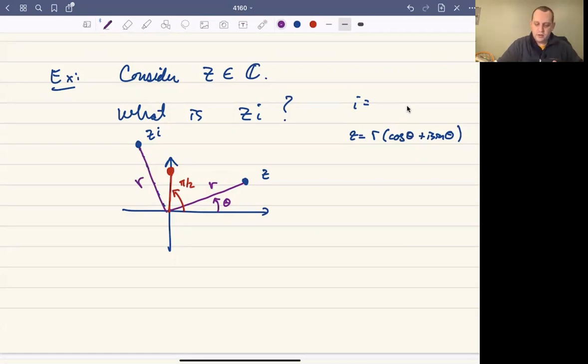So the argument there would be theta plus pi over 2. That's what happens when you multiply a complex number by i. It's really just the same as rotating that complex number in the complex plane by 90 degrees in a counterclockwise manner. So that's what multiplying by i does.